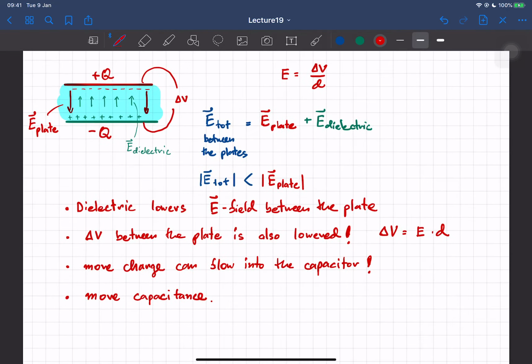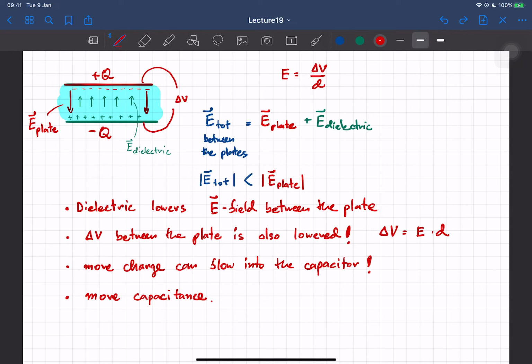It's a little bit complicated in a sense of how these things lead to the other one. But again, what you do is put in a dielectric between the capacitor. By doing so, you lower the electric field between the plate.